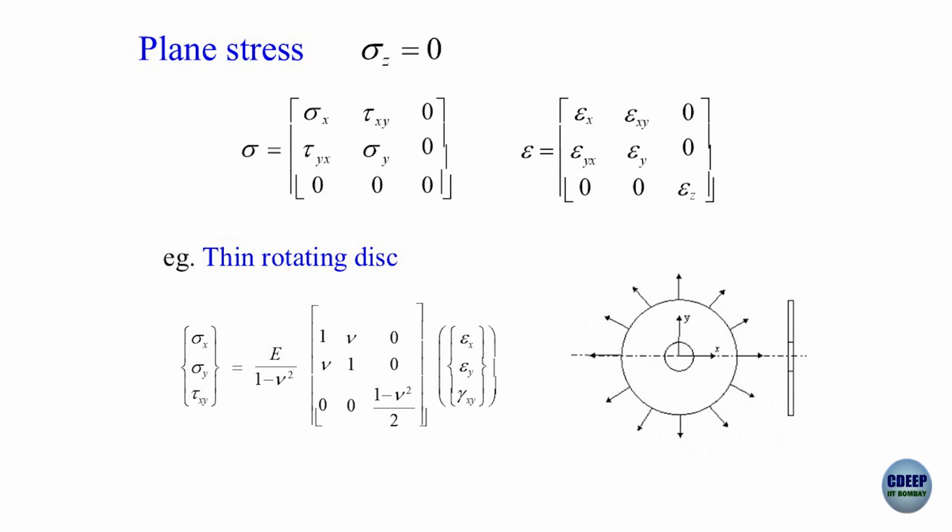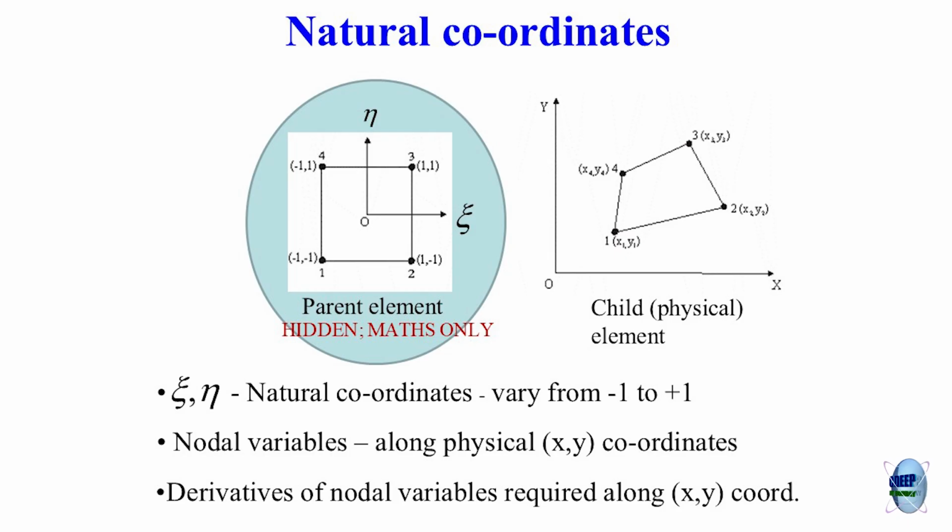So what we are doing from geometry modeling is that a perfect square is there and it is distorted or transformed to a general quadrilateral. Any point P in the real physical world will have a corresponding point P prime in the zeta eta coordinate.